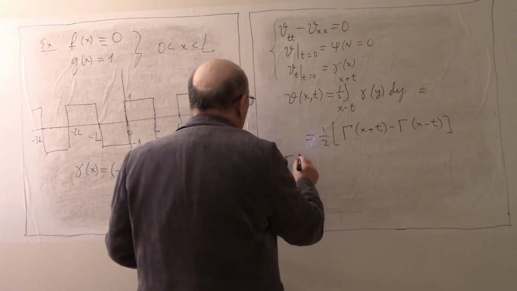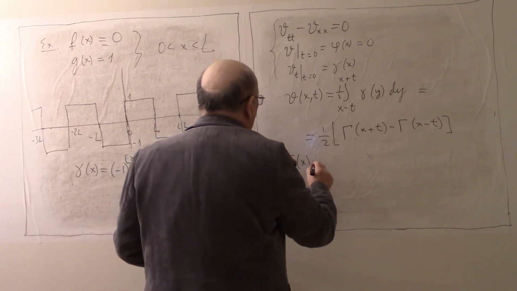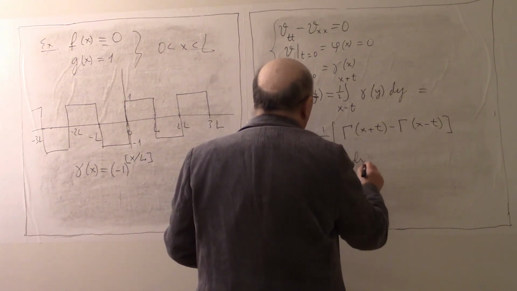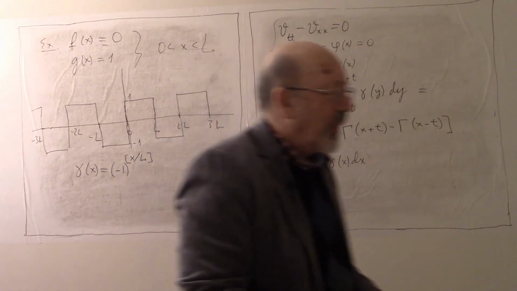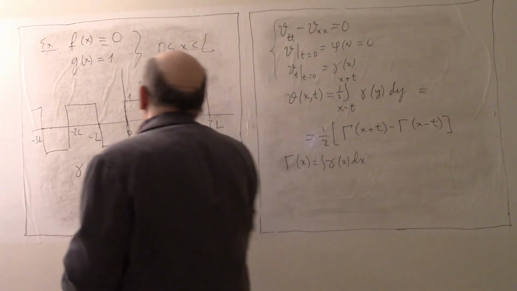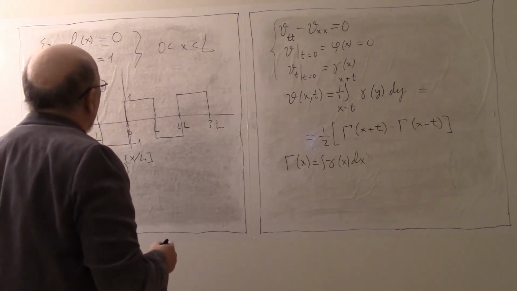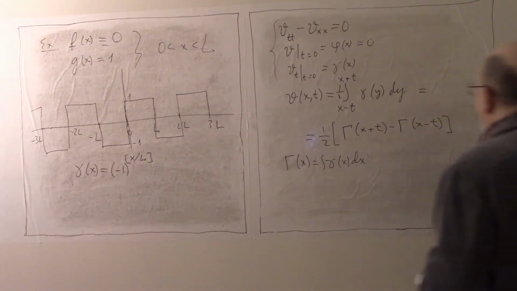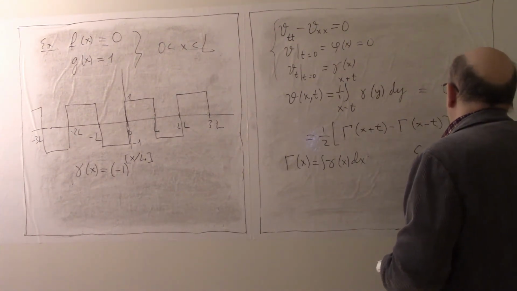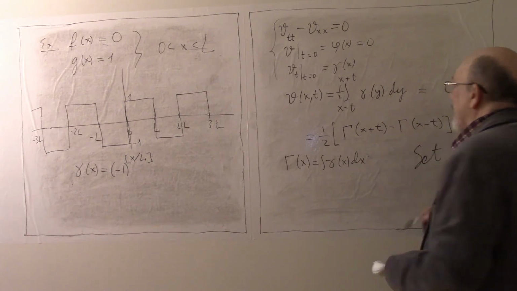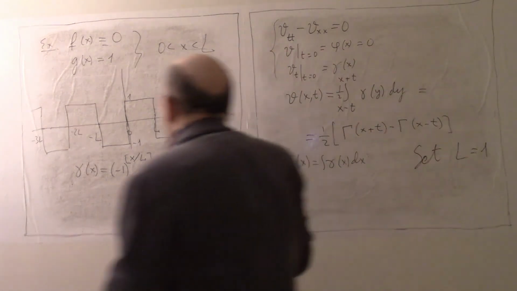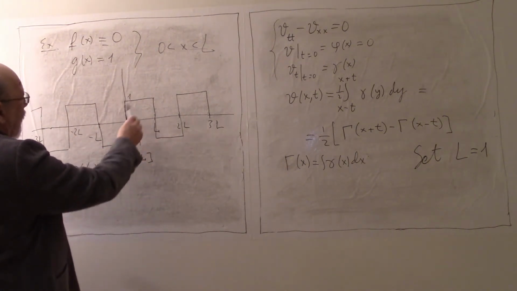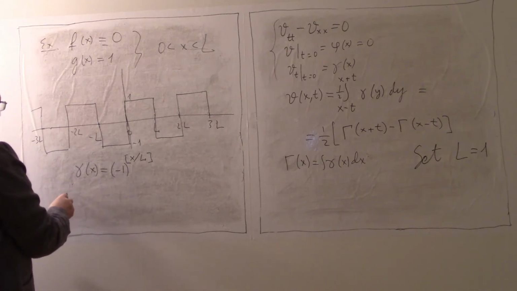Capital gamma of x equals the integral of small gamma of x dx. It is a primitive function. Now, what is the primitive function of this function? For simplicity, let us set L equals 1. Then we can easily write, if you integrate from 0 to x this function, so what will happen?